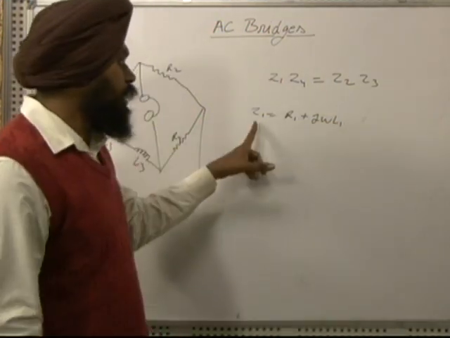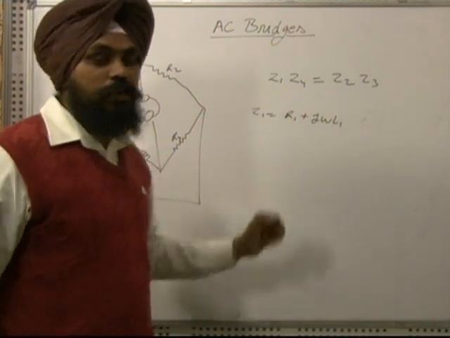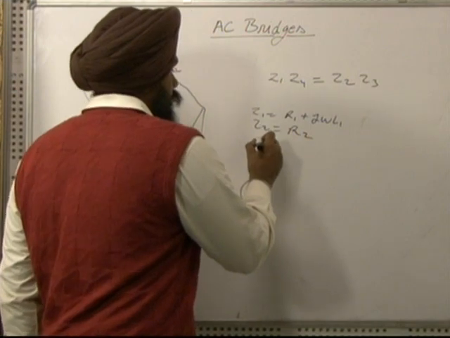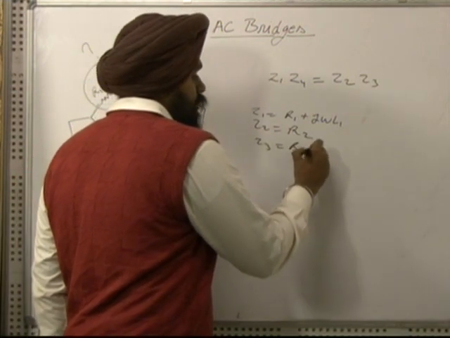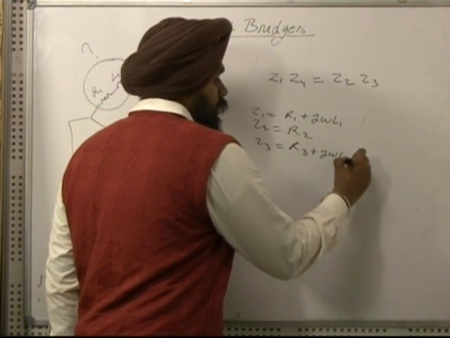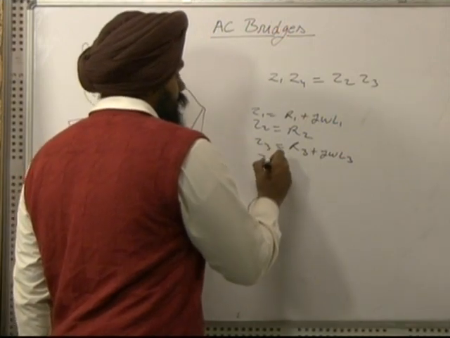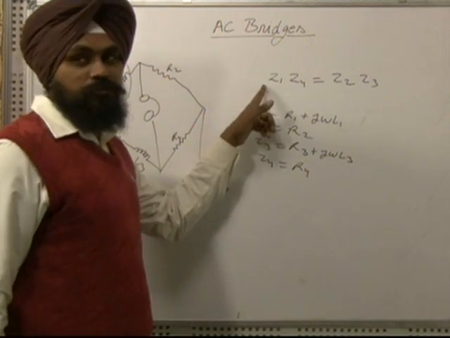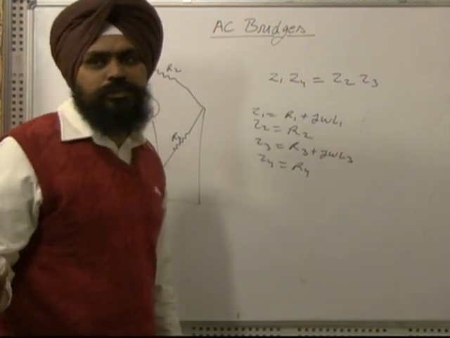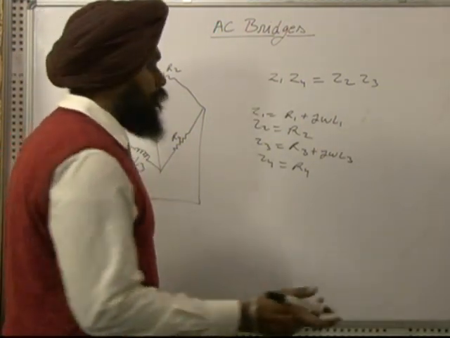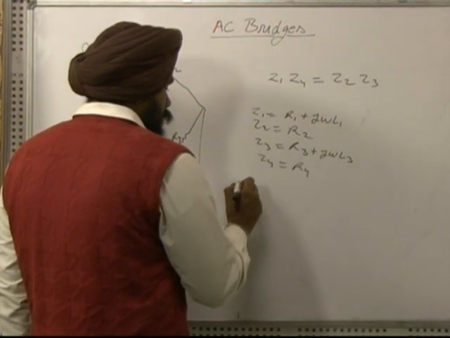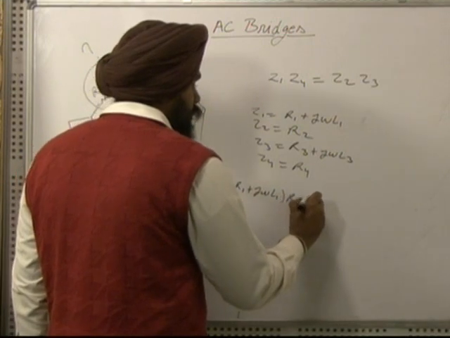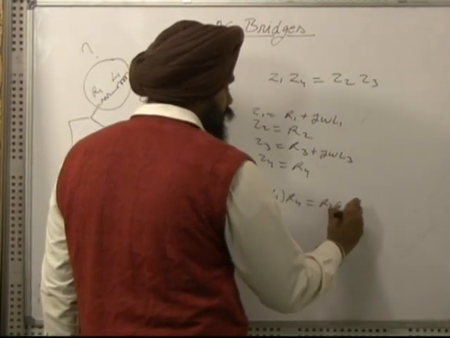So what we have is Z1 is R1 plus J omega L1, Z2 is R2, Z3 is R3 plus J omega L3, and Z4 is R4. So if we substitute the values in the standard equation, that Z1 Z4 is equal to Z2 Z3, what we will get is R1 plus J omega L1 into R4 is equal to R2 into R3.